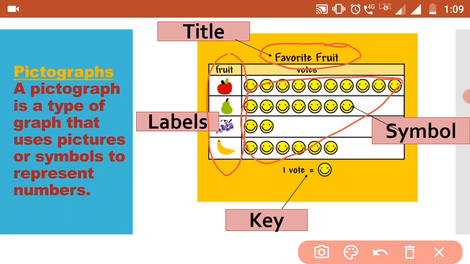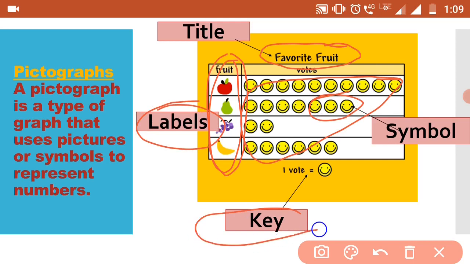It is the title of the pictograph, and the fruits here are labels, and symbols are smileys. And the key, yes, the most important thing is the key. You should know the key. One vote is equal to one smiley, then only you can show them as a symbol, right? Instead of numbers we use symbols in pictographs. Okay, let's move forward and let's see some examples.